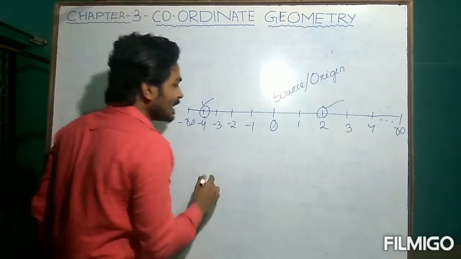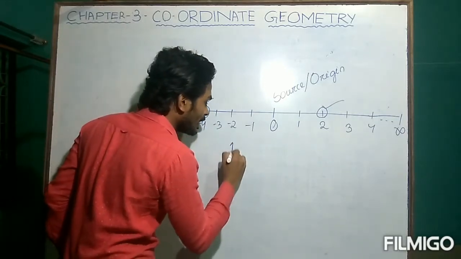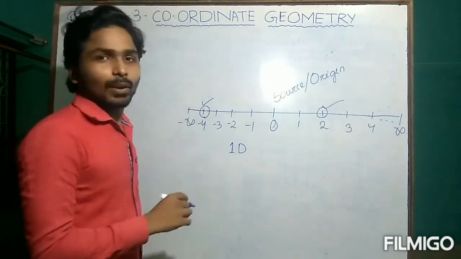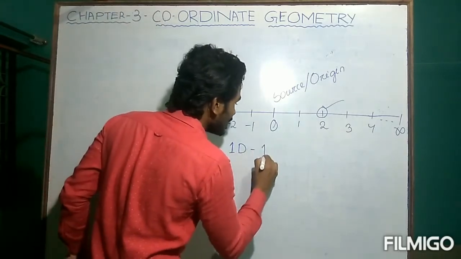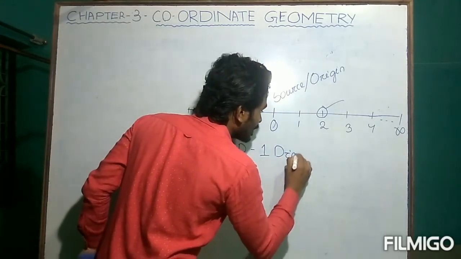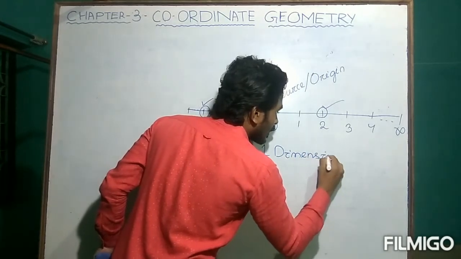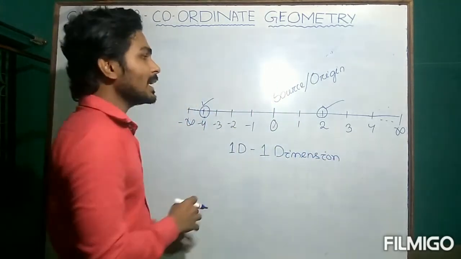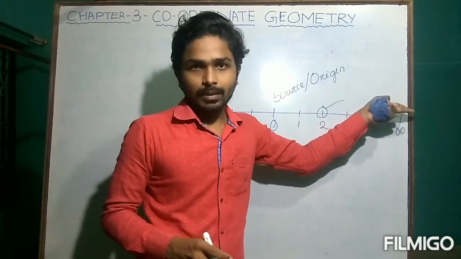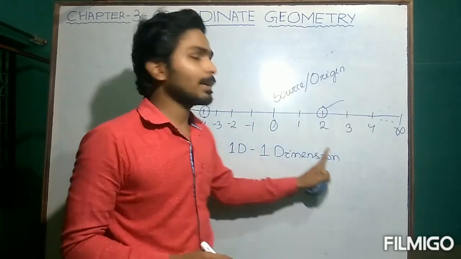So we always move either towards this or towards this. The number line is also known as 1D. What is 1D? 1D means one dimension. Since the number line can be represented in a line, it is known as one dimension.